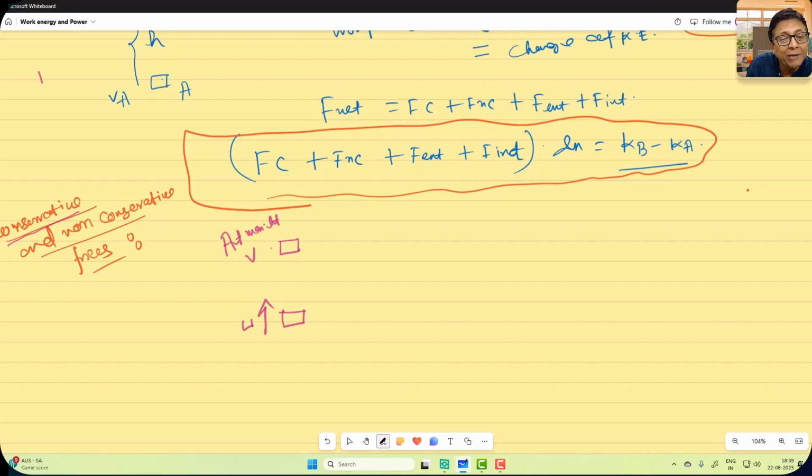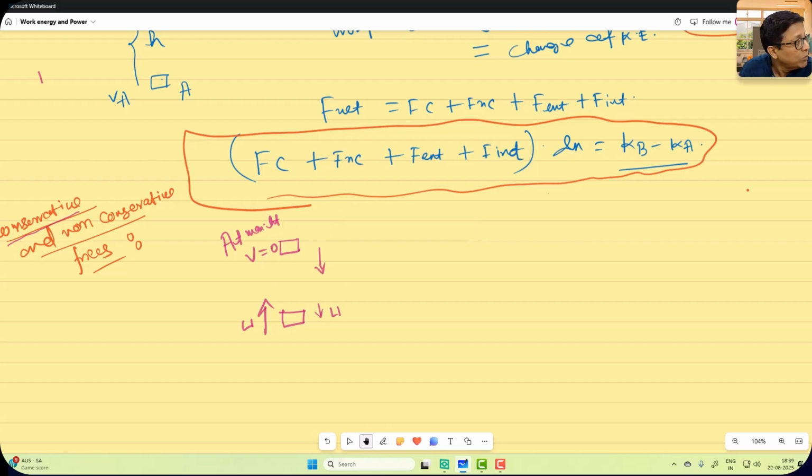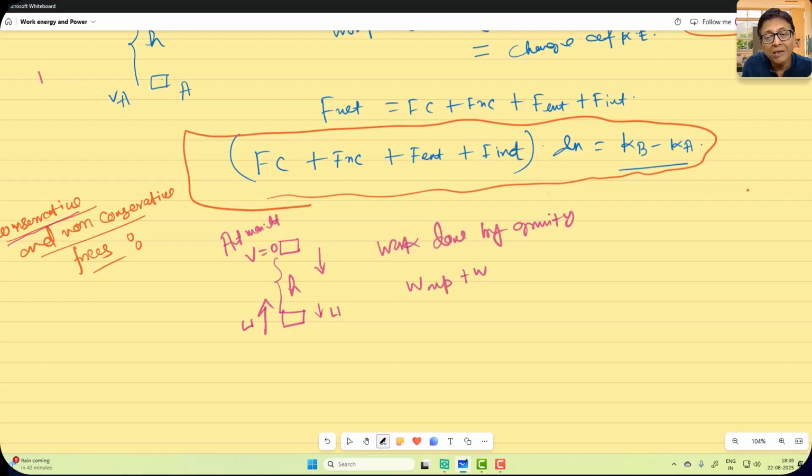At maximum height v will be equal to 0, and when it comes back down, that velocity is recovered, that you know. So what is the work done by gravity in this case? Tell.